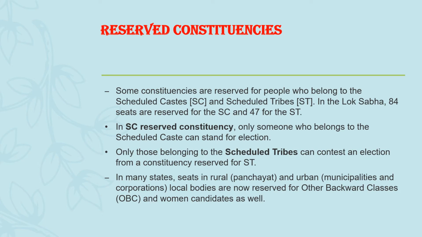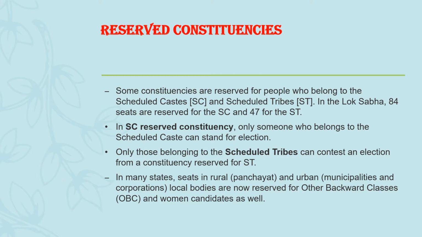Now first, students, let's talk about the reserved constituencies. Some constituencies are reserved for people who belong to the scheduled castes and scheduled tribes. In Lok Sabha, 84 seats are reserved for the scheduled castes and 47 for the scheduled tribes. In scheduled caste reserved constituencies, only someone who belongs to the scheduled castes can stand for election.